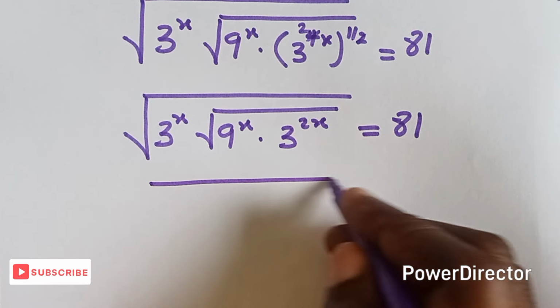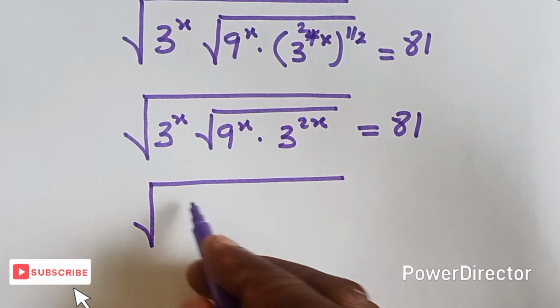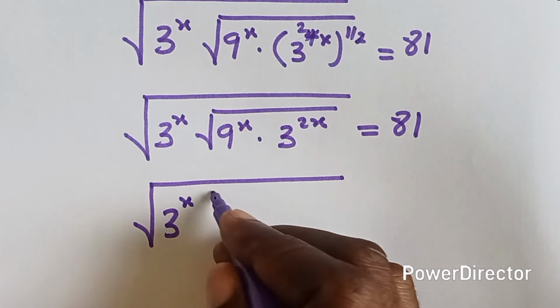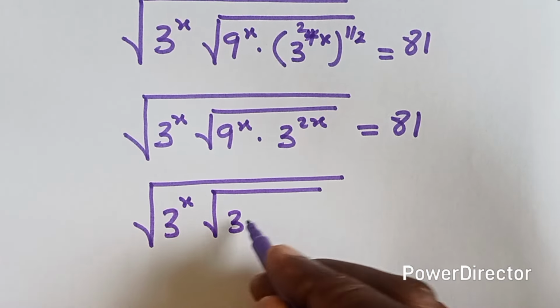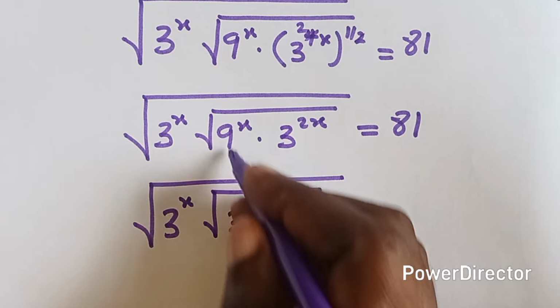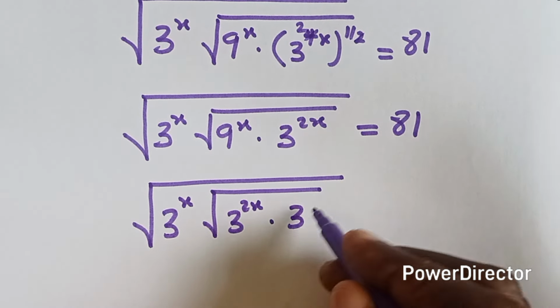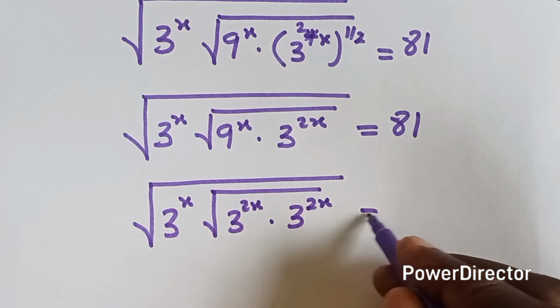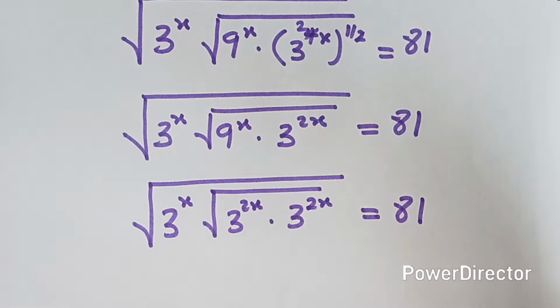So now 9 is also a multiple of 3, so we can write that as 3 raised to 2x, this is this, then multiplying by 3 raised to 2x, everything equals 81.